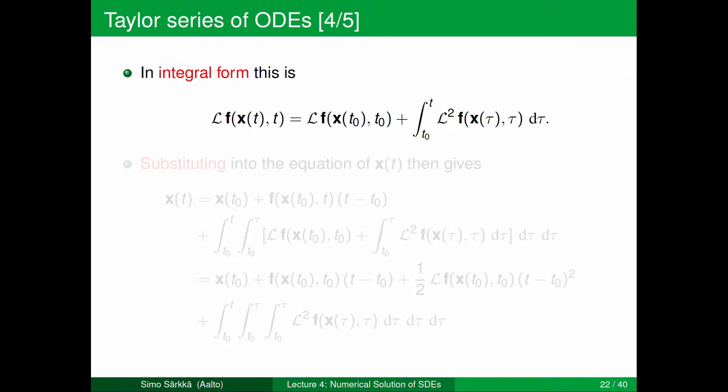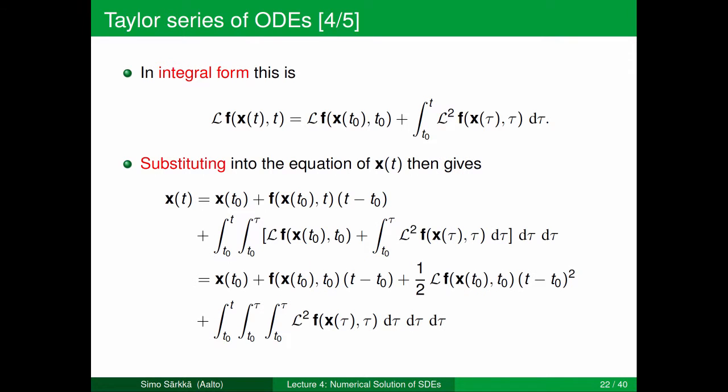So again, in integral form, this differential equation is L applied to f of x t, t equal to L applied to f of x t0, t0 plus the integral from t0 to t of L applied 2 times to f of x tau, tau d tau. We can now substitute this into the previous equation. So we have now expressed the integrand, which was L applied to f, as contained in the term above.